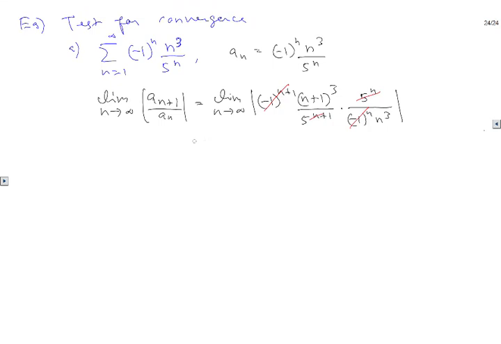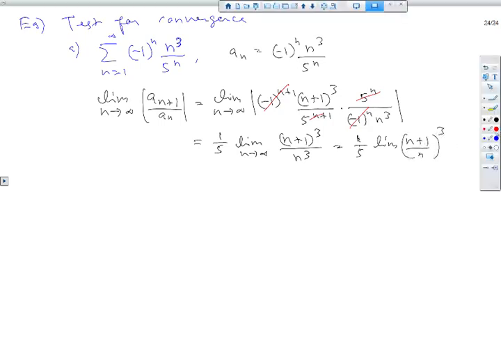So you can write this as 1/5 times the limit as n goes to infinity, and the rest is positive, so we can write it without the absolute value sign. Now we can combine them into one. Once you combine them, you get 1/5 times the limit of n plus 1 over n to the third power.